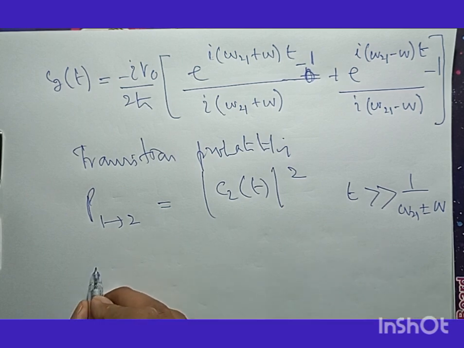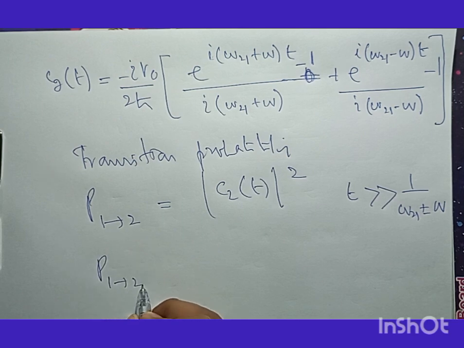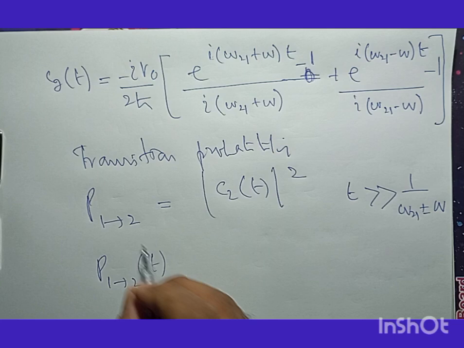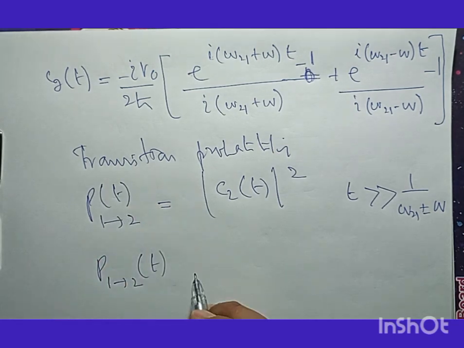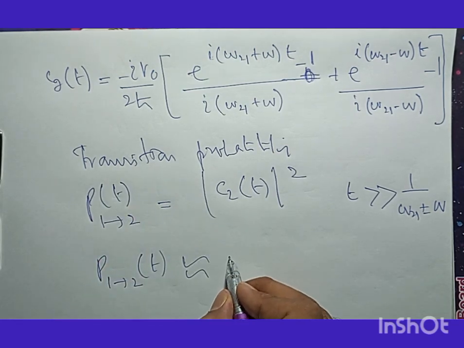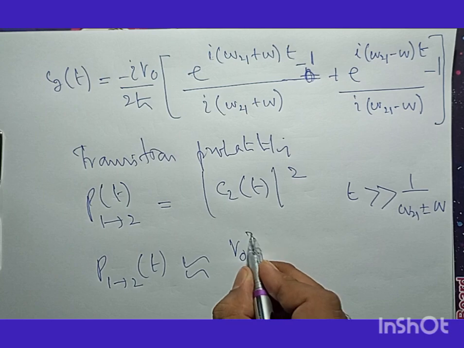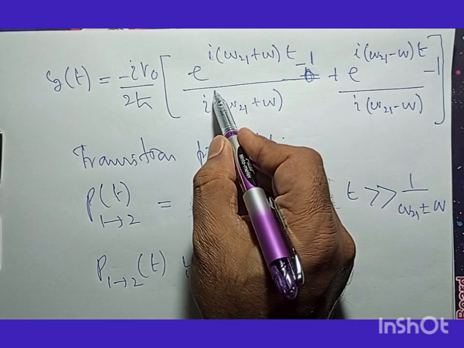The result will be P from 1 to 2 as a function of t, nearly V0 square by 4 h bar square. Here the i will go.